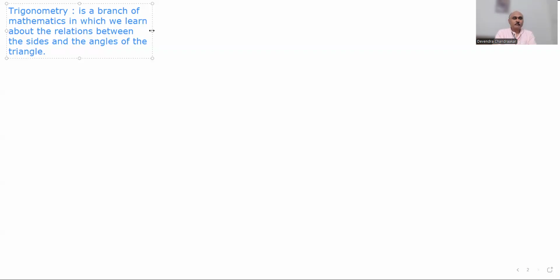So trigonometry is a branch of mathematics in which we learn about the relations between the sides and the angles of a triangle. ठीक है?